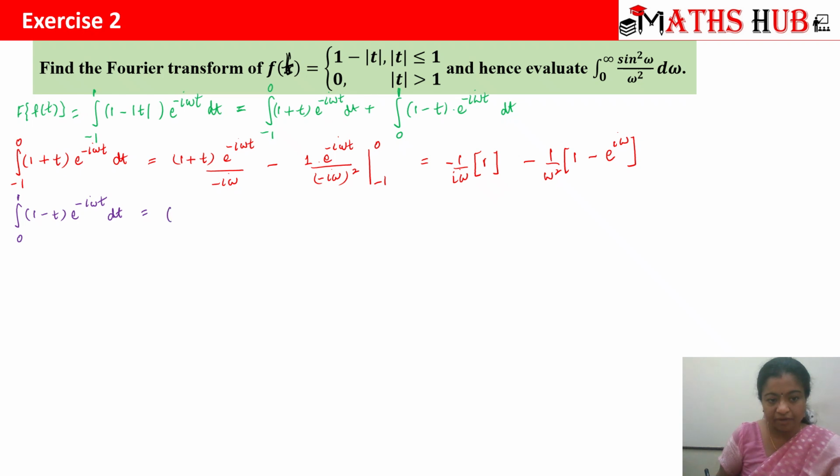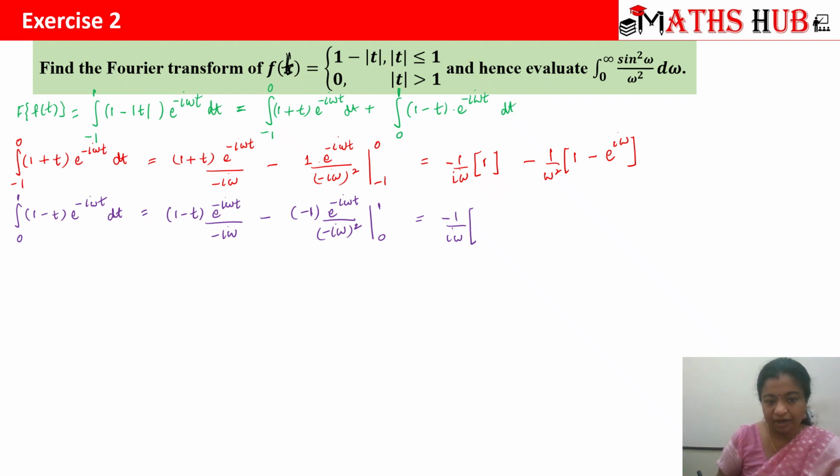So this is 1 minus t, e power minus i omega t divided by minus i omega, minus, now we will have a minus 1 as the derivative, e power minus i omega t divided by minus i omega, and then we will put the limits as 0 and 1, right? So minus 1 by i omega will come out, and then when I put 1, it will become 0.